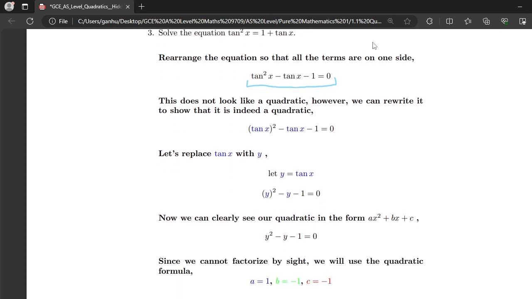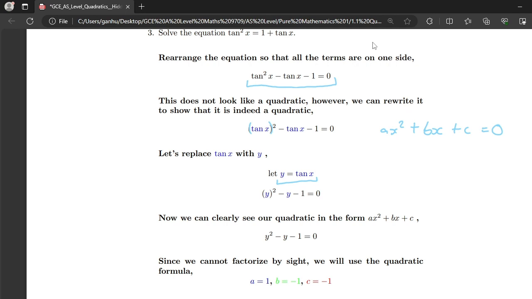So again, we want to write it in the form ax squared plus bx plus c is equal to 0. So we can do that by saying tan squared x minus tan x minus 1 equals 0. Then we're going to create our statement: let y equal tan x.